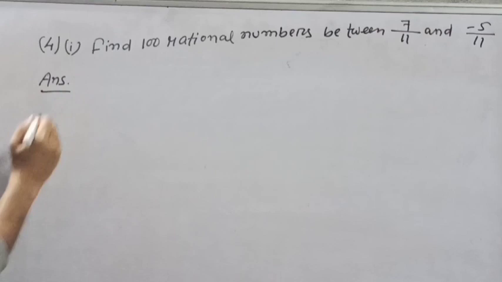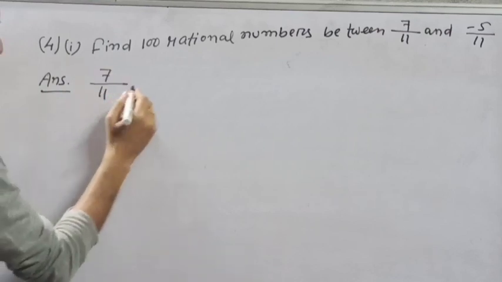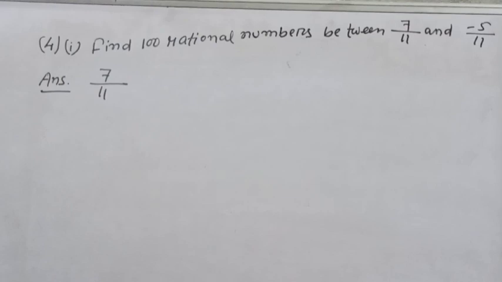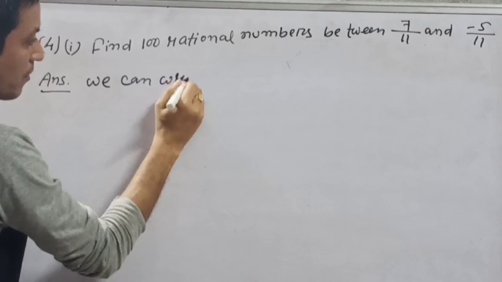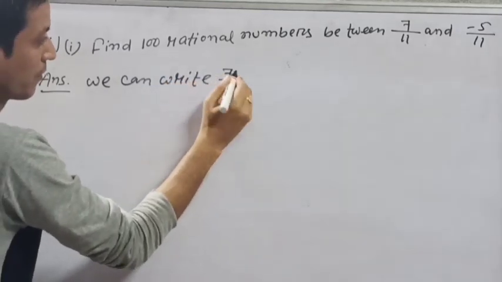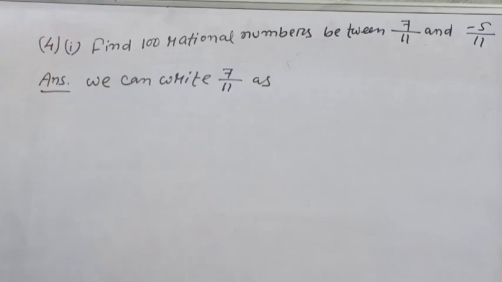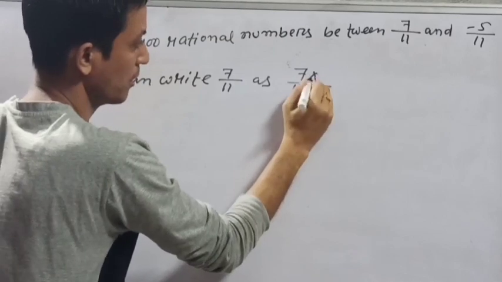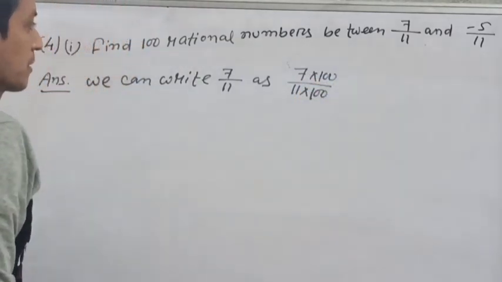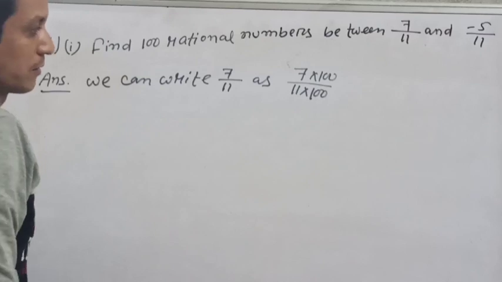Answer. So 7 by 11 we can write as 7 by 11, both sides multiply by 100, because we need 100 rational numbers.